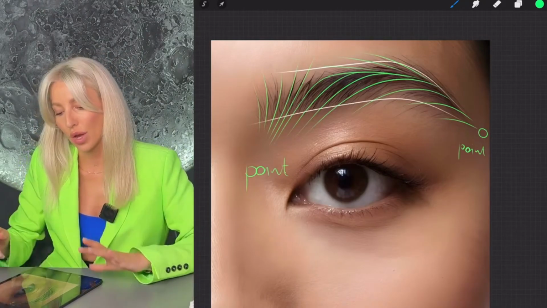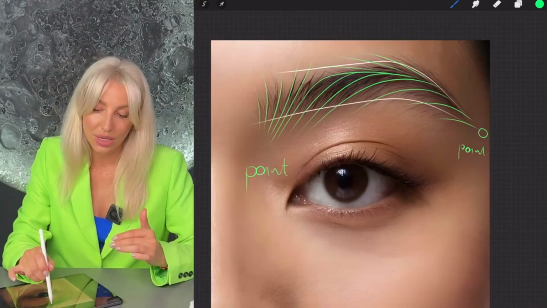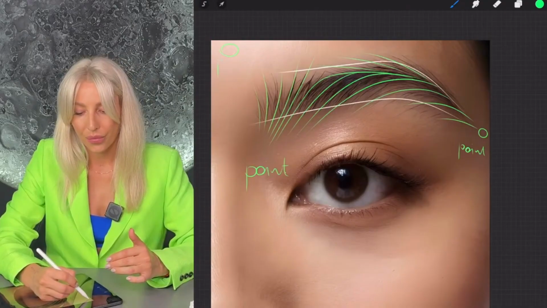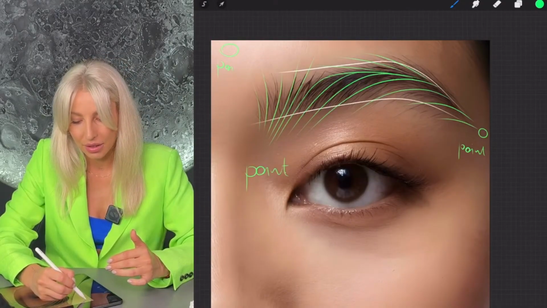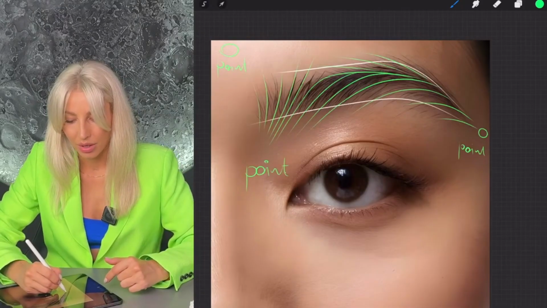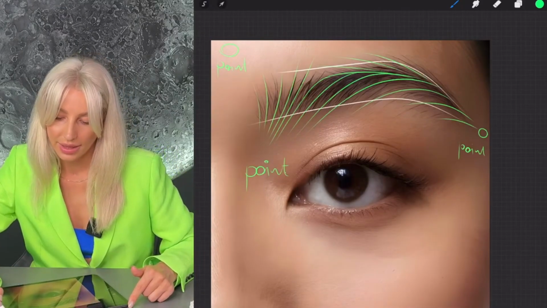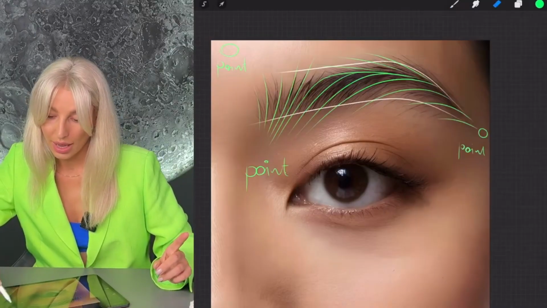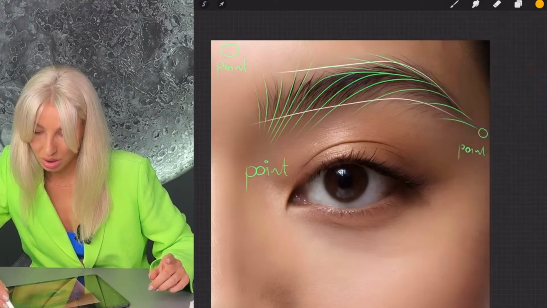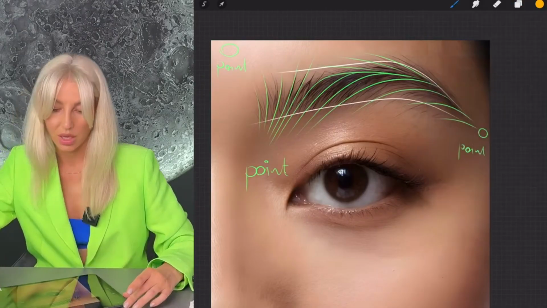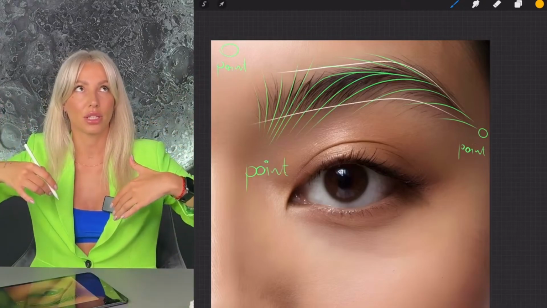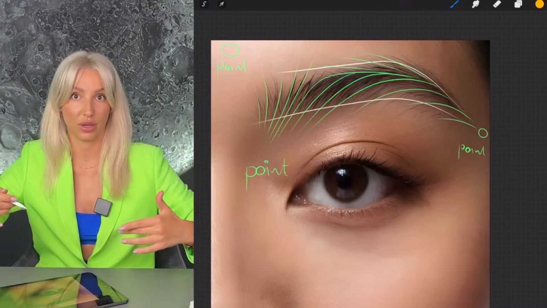You need to follow the direction, but you can also find a point somewhere in the center of the forehead and direct all of them there. And then when you draw additional hair strokes, you need to direct them to another point already.